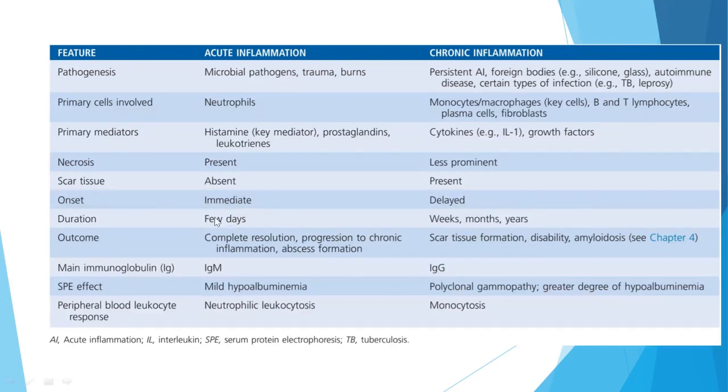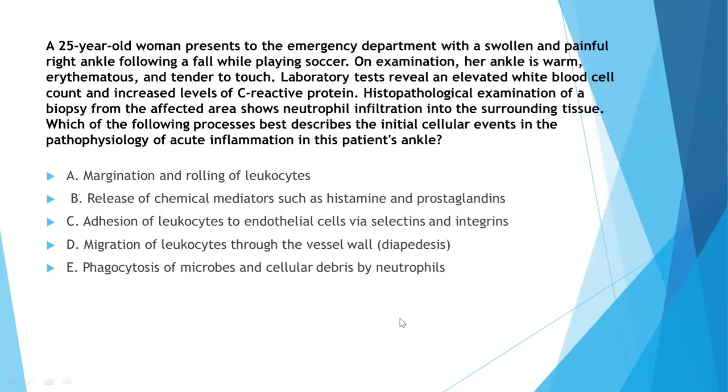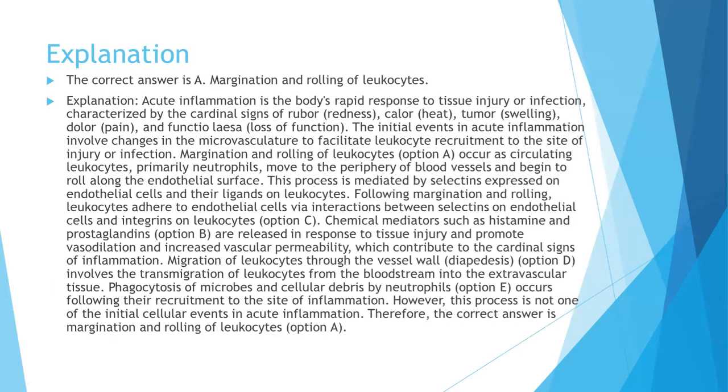It occurs only for a few days, whereas here it is weeks, months, and years. Scar tissue is absent in acute inflammation, whereas it is a hallmark of chronic inflammation. The main immunoglobulin is IgM, whereas here the main immunoglobulin is IgG. And here is our first question that we have discussed, and the answer is again margination and rolling of leukocytes.